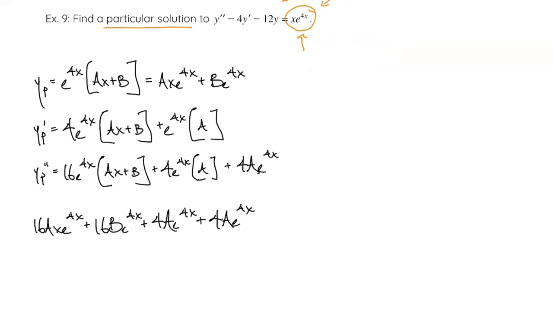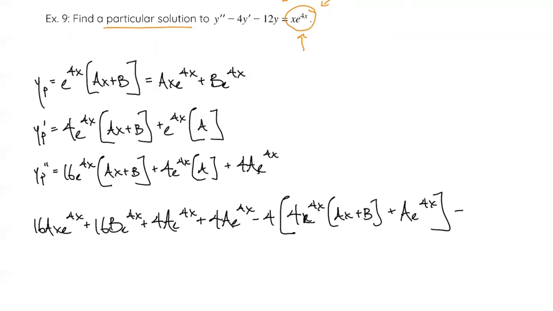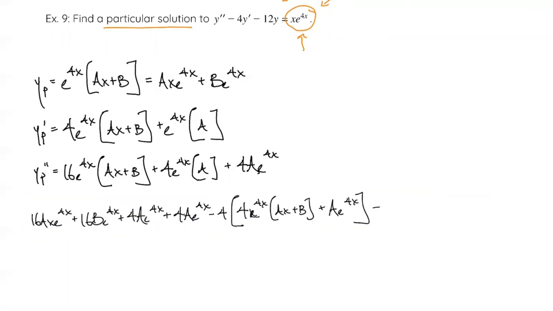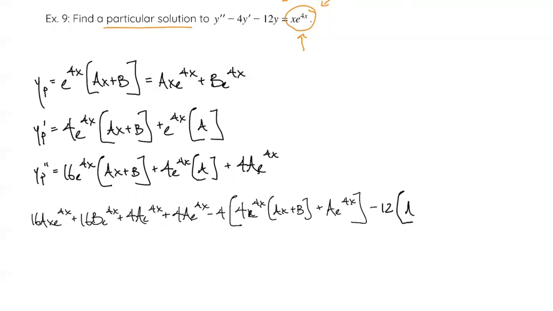That's my y double prime, minus 4 times my y prime, and then finally minus 12 times my y guess.